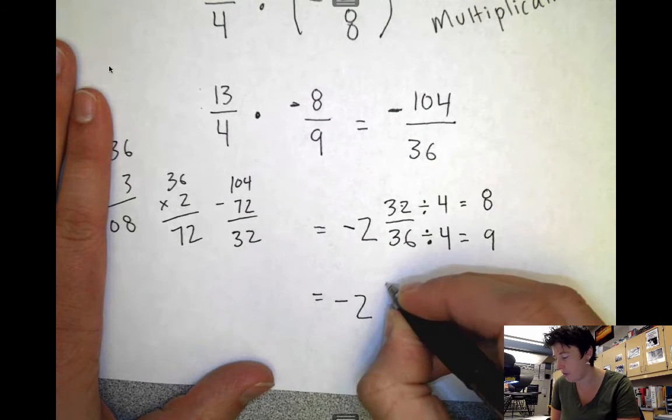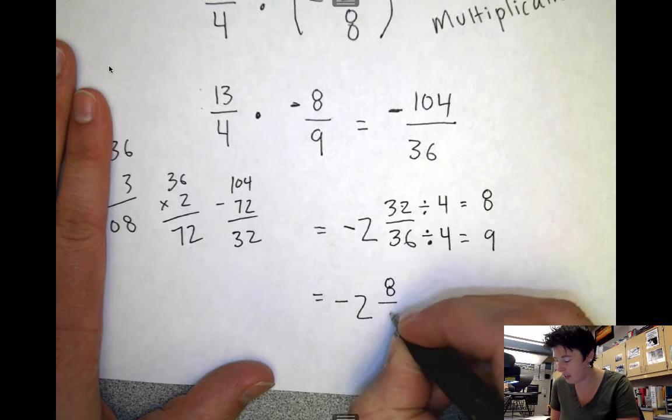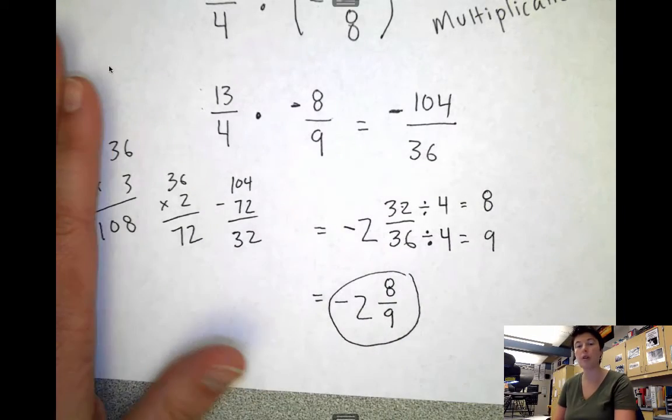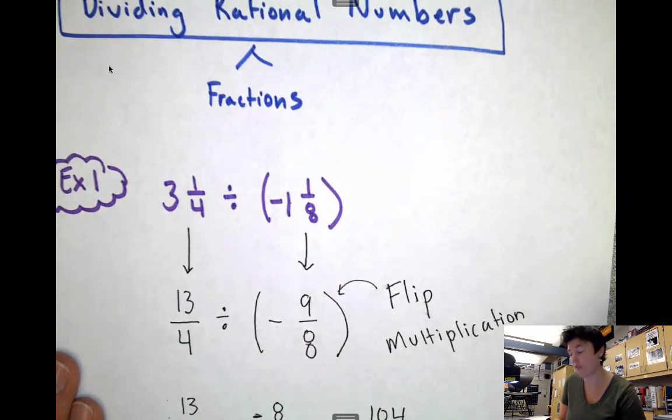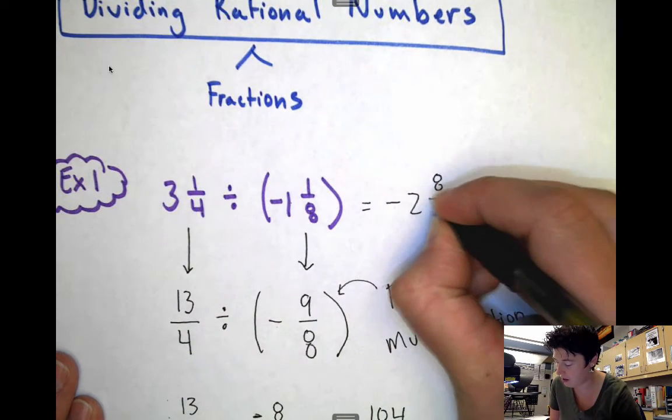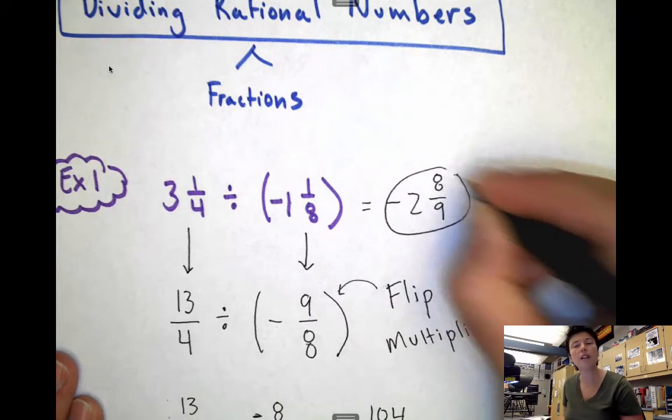So we get negative 2 and 8/9. And that is my answer. So our final answer to the division question is negative 2 and 8/9.